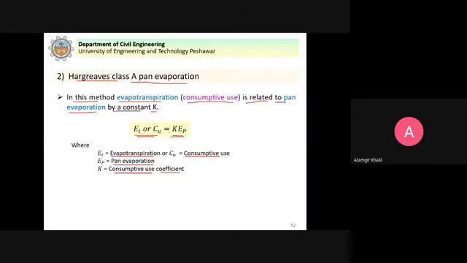This is exactly similar to what you studied in hydrology to estimate the evaporation from a water body. There you use Kp, the pan coefficient. Clear? So this is the same concept here.